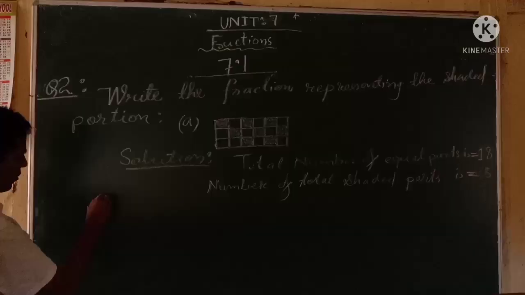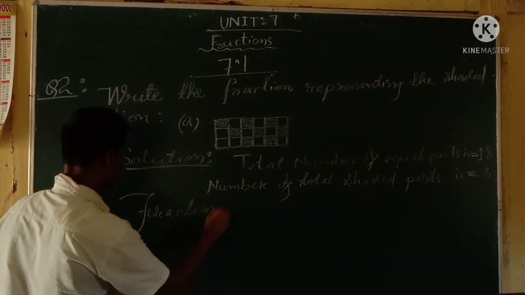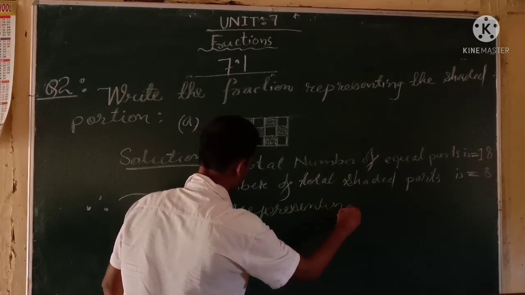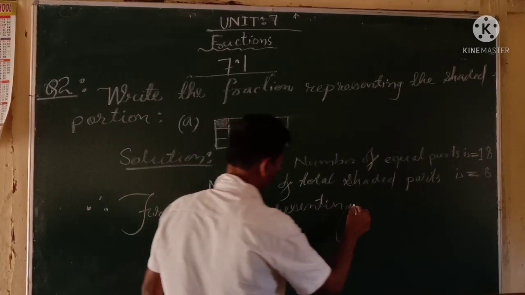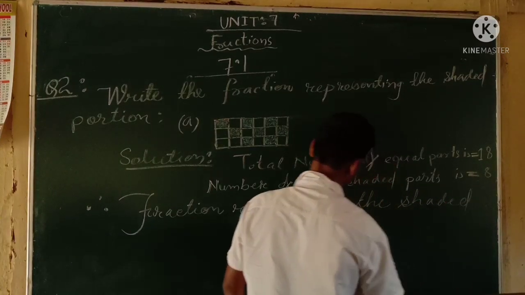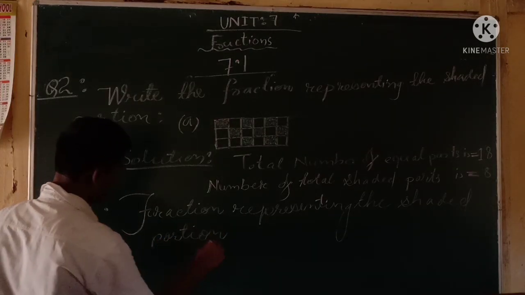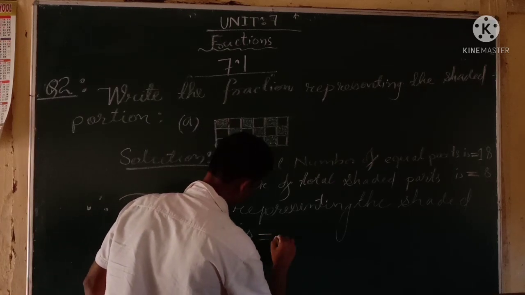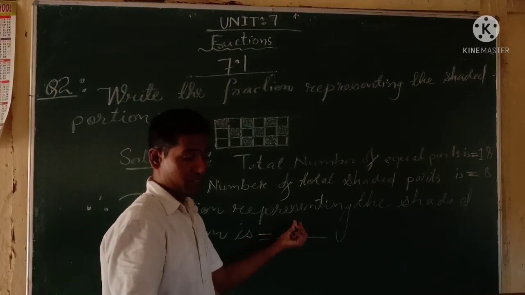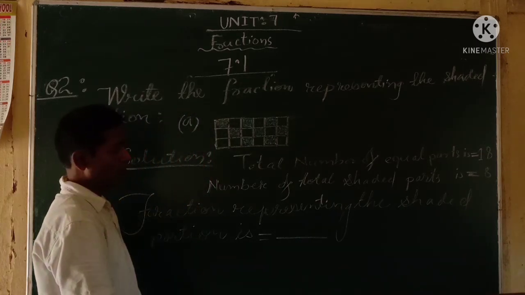The fraction representing the shaded portion is equal to the number of shaded parts divided by the number of total equal parts.